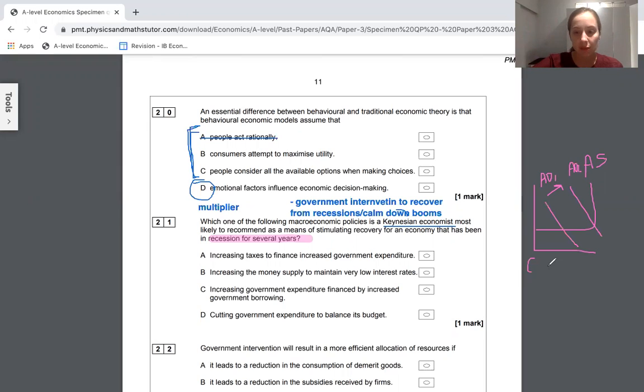In AD, we've got C, I, G plus X minus M. According to this theory, the government can directly influence government spending. So we're looking for more government spending, also possibly lower taxes, because that will help increase consumption. So we are looking for increased government spending. That's good. Increasing taxes, nope. I think C is the only one that works. Everything else is the wrong way around.